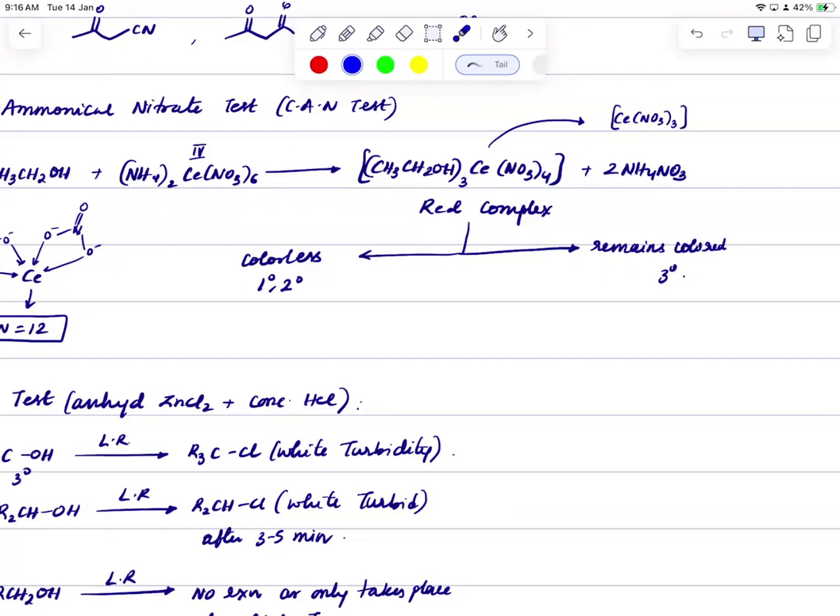Clear? See, there are 4 NO3 groups here. So there are 8 connections from here. Clear? 8 connections here and 8 plus 3, 11 connections here. So we'll have the one with the radical. Achha, connections are 11. Sorry, my mistake. Connections are 11 and it will have one radical on top. Got it? Like this. We will have cerium with 1, 2, 3, 4, 5, 6, 7, 8, 9, 10, 11.